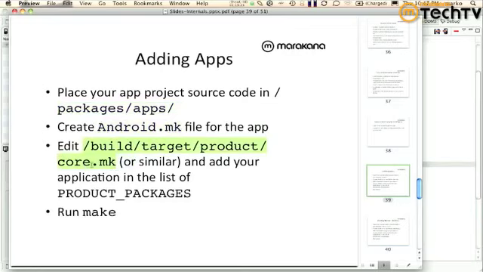You don't have to do it in core, and you probably don't want to, but you've got to add it to one of them. This property basically needs to list it, okay? And you actually have to do mm in this directory, so you mm it, and then you make it to repackage the system.img. So, okay, that's that.